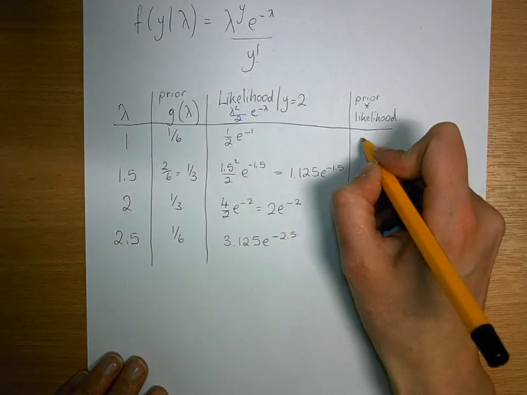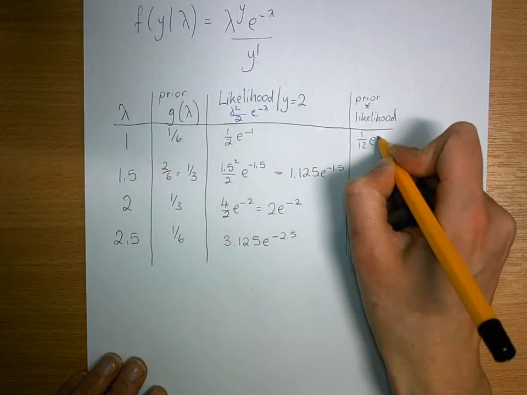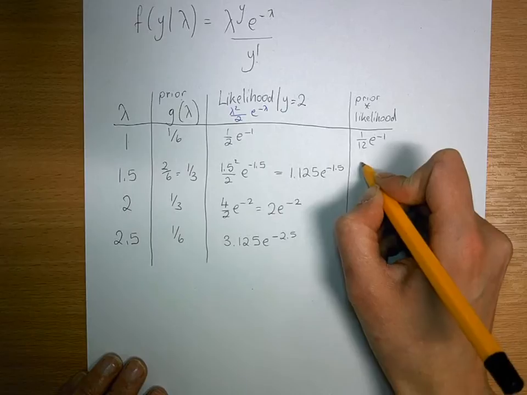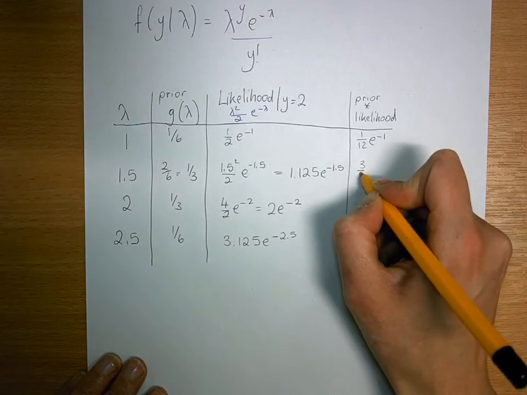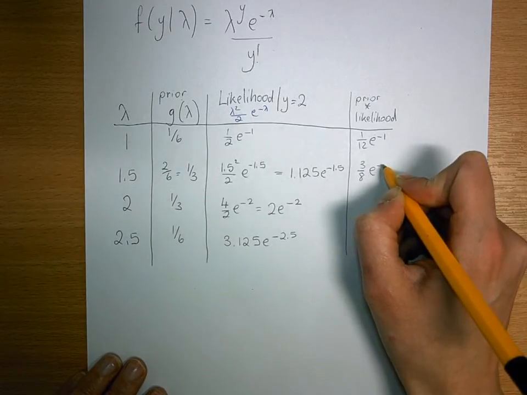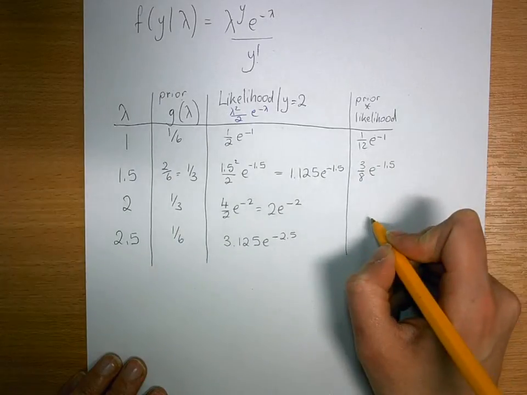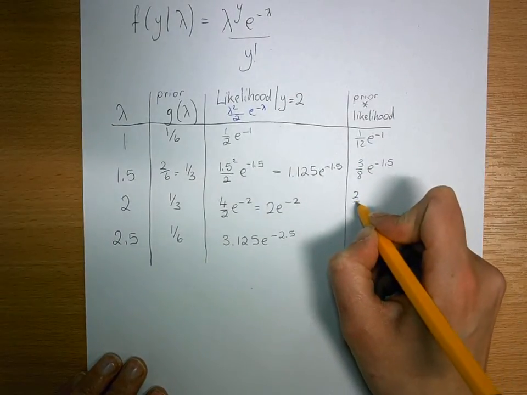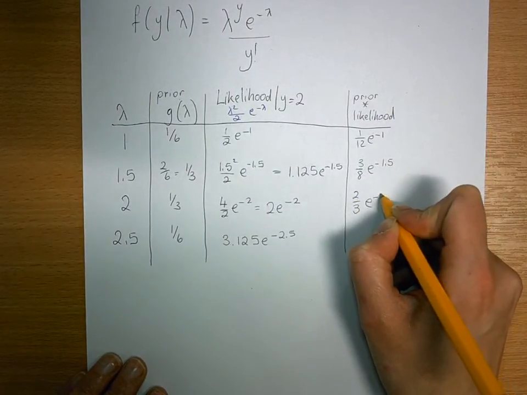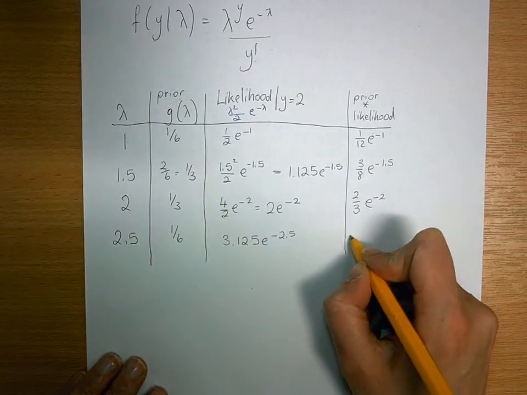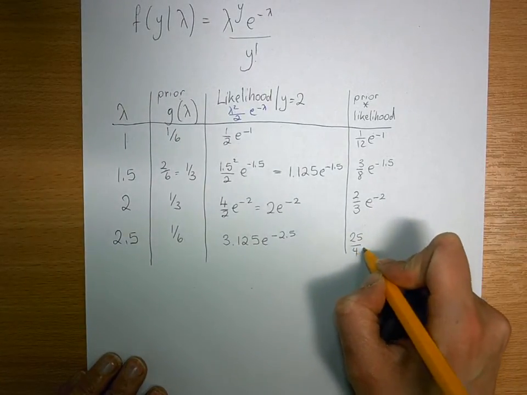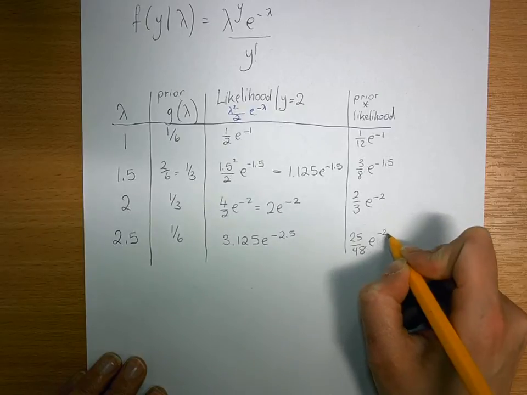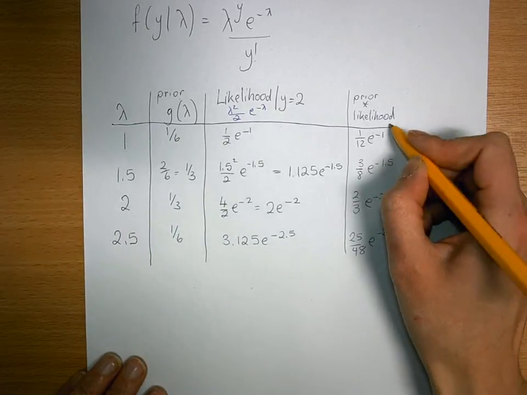So we get 1/12 e to the minus 1, 3/8 e to the minus 1.5, 2/3 e to the minus 2, and 25 over 48 e to the minus 2.5.